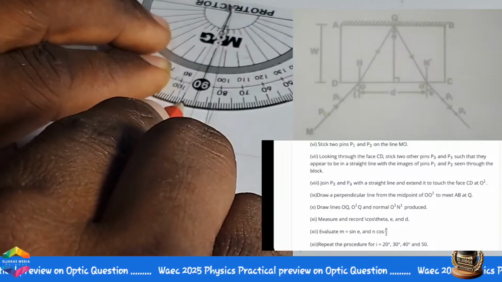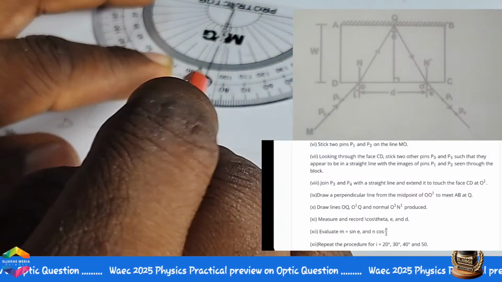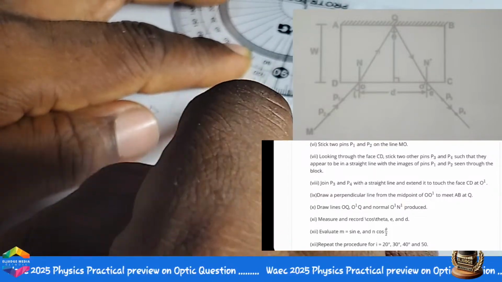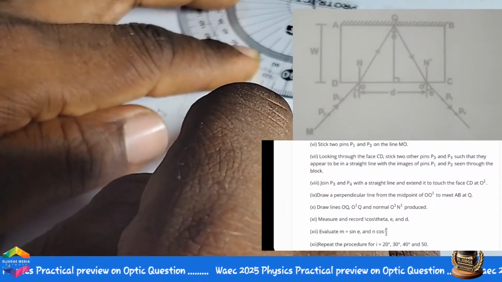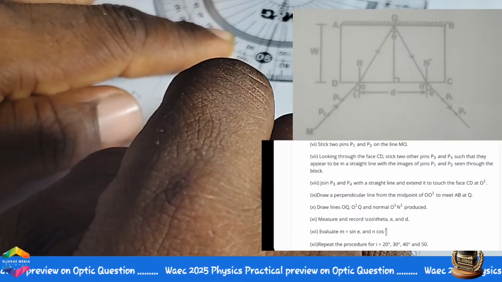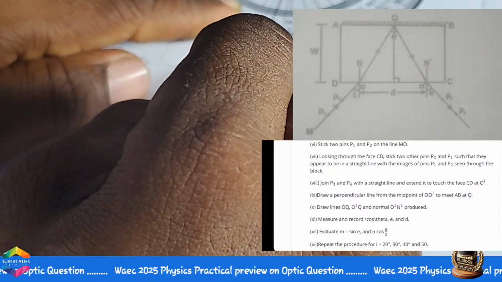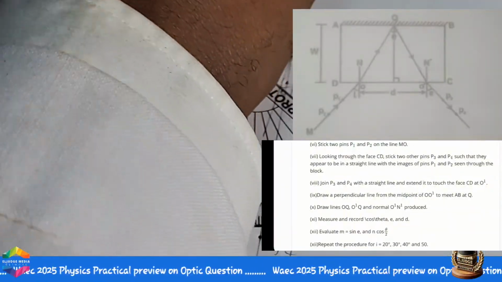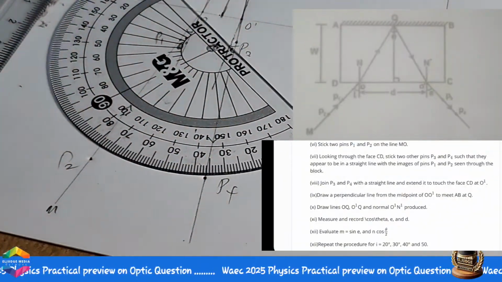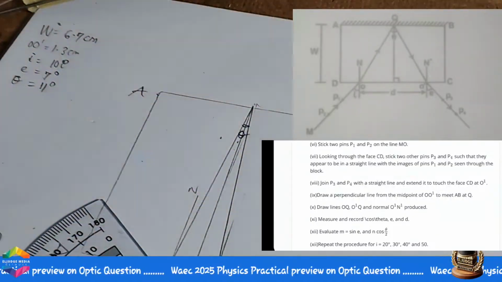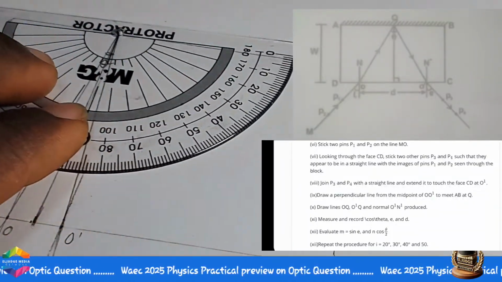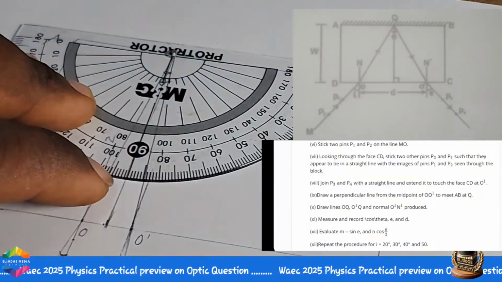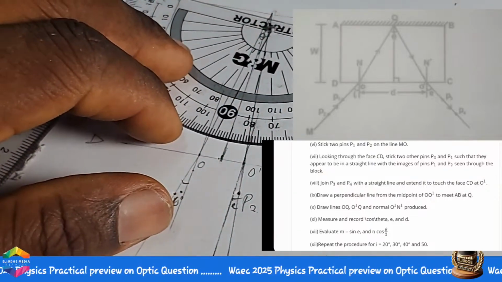So you are reading from here to here. 5, 6, 7, 8, 9, 10, 11. So theta is 11 degrees. I measure from this line to this line to get your theta.